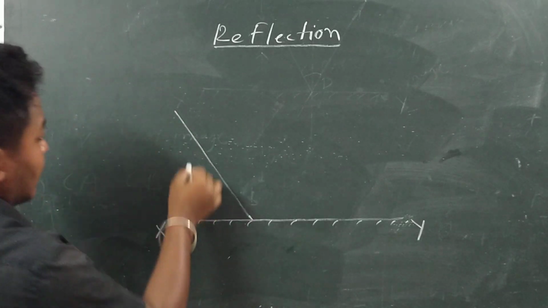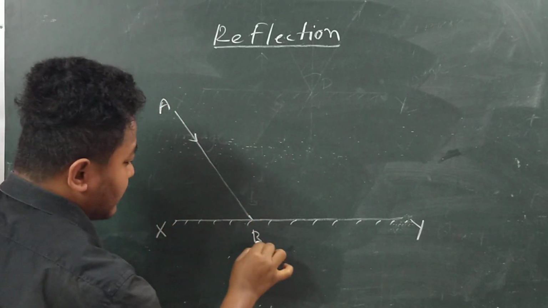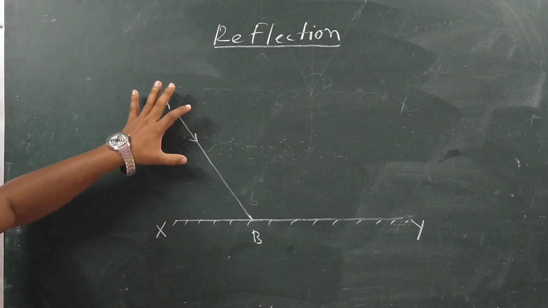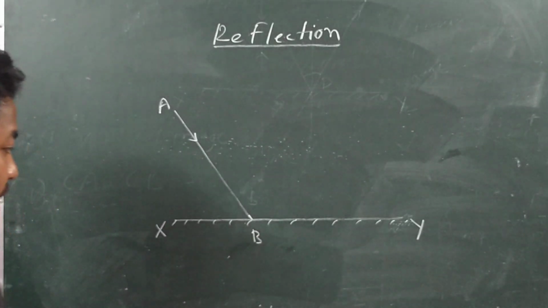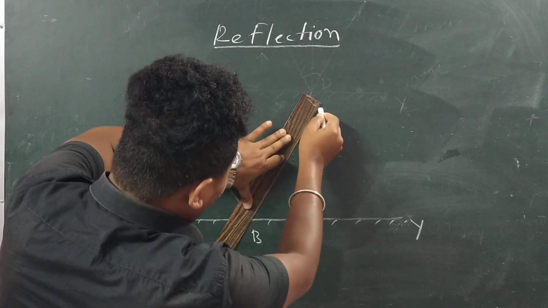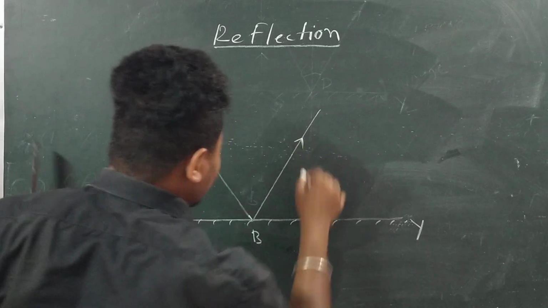Let us suppose this is your AB ray. This AB ray is coming from a source and it has struck the surface. After striking, this ray will go back to the same medium.